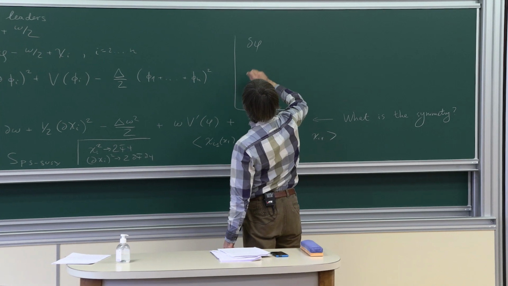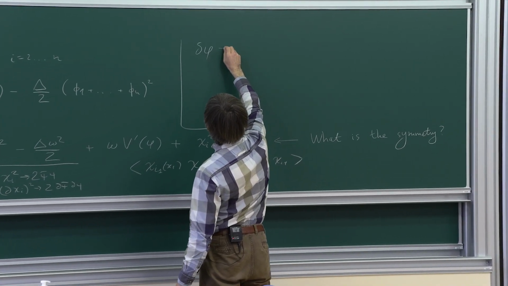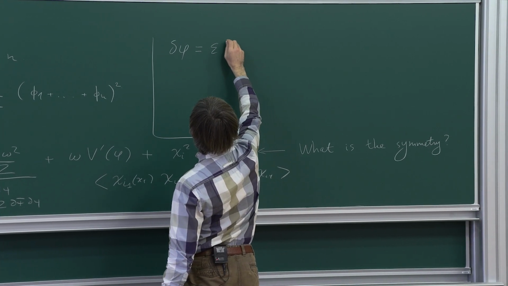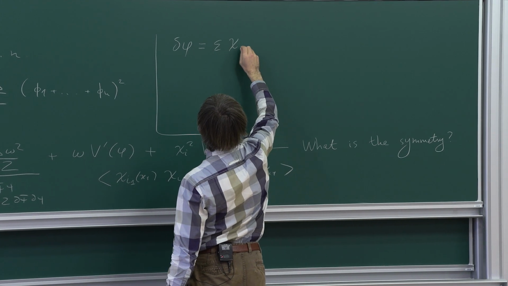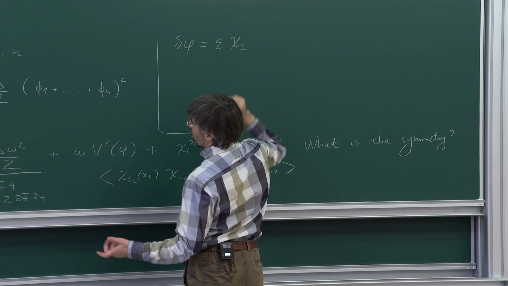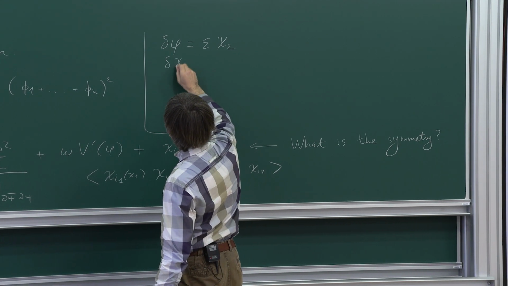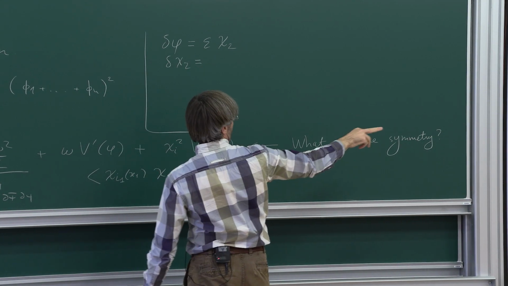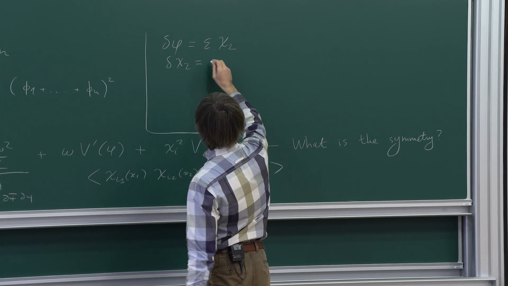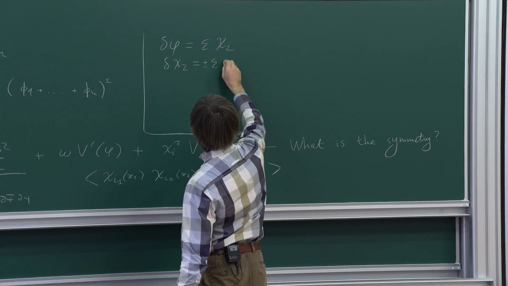So, for example, d phi I can try to make proportional to some chi, for example chi 2. I mean, let me pick one chi. Then d chi 2, I can again make proportional to omega, plus or minus sign. I don't know.